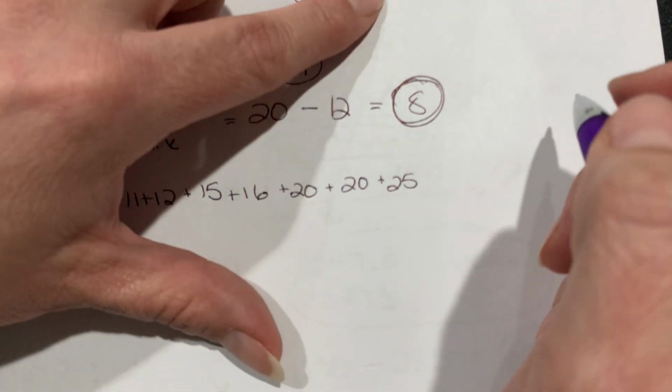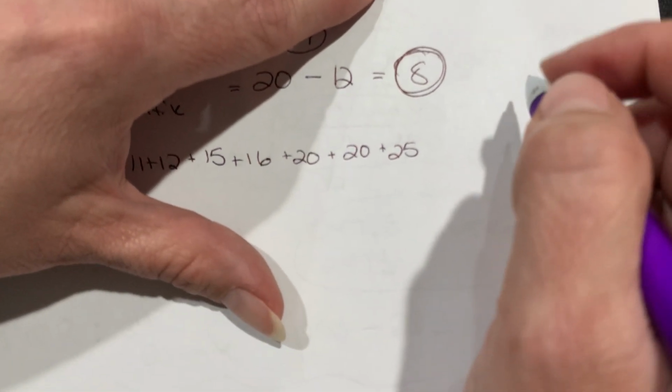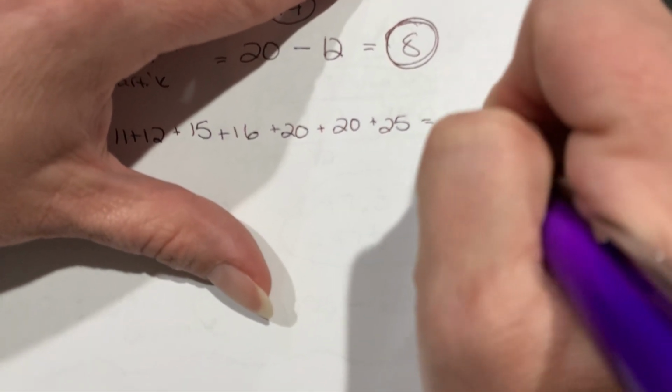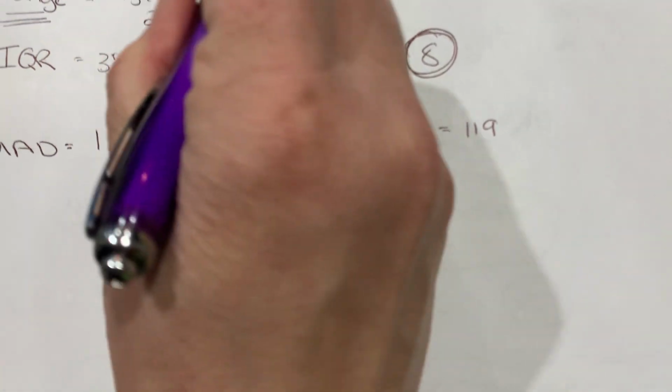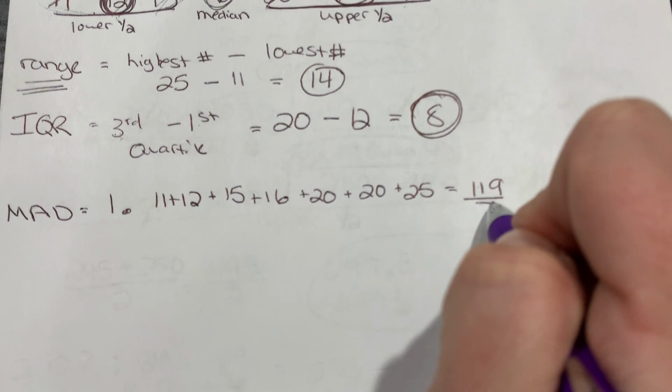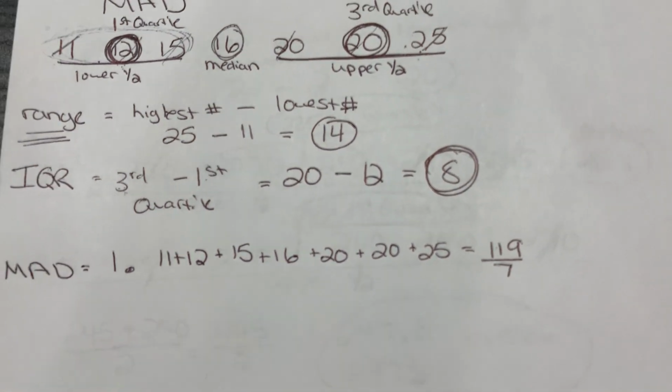And then 94 plus 25 is 119. Now I have 1, 2, 3, 4, 5, 6, 7 digits. So I'm going to do 119 divided by 7.